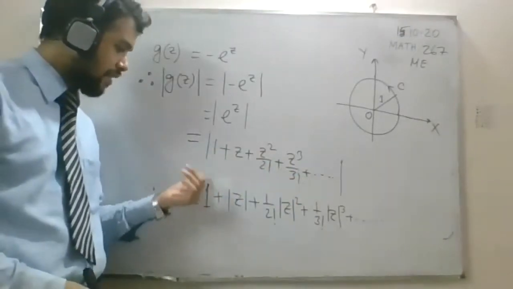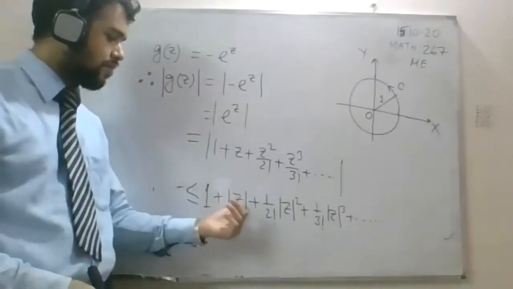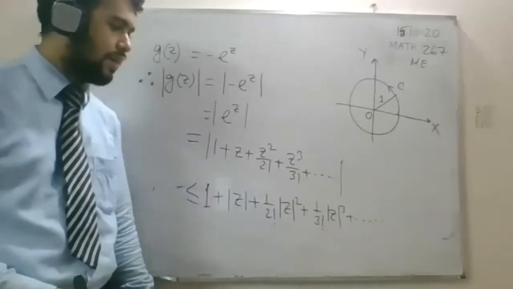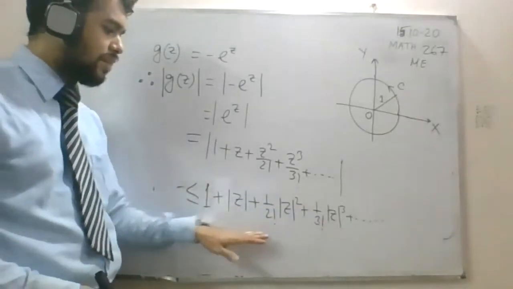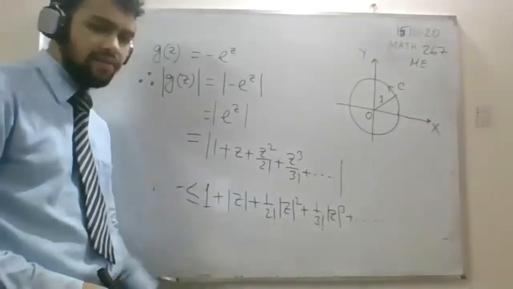After that, you can also write this is less than or equal to 1 plus modulus of z plus 1 by 2 factorial modulus of z square. Okay, and so on. And from here, now please tell me what we can get from here.